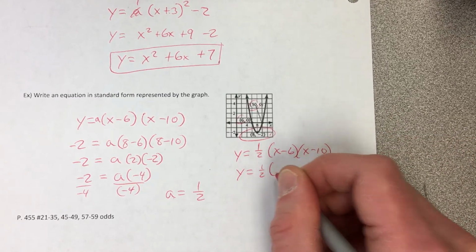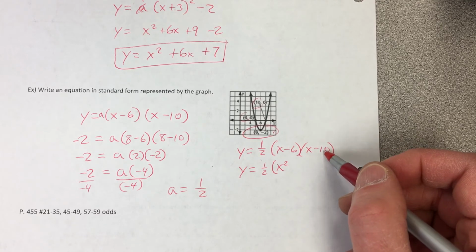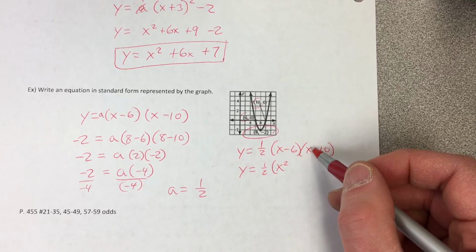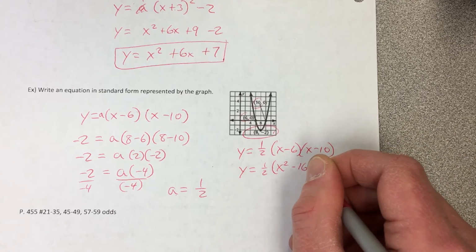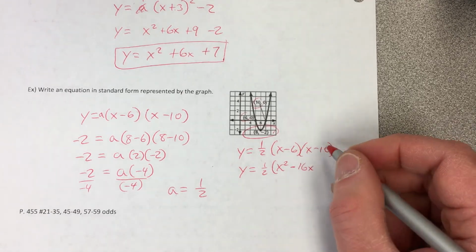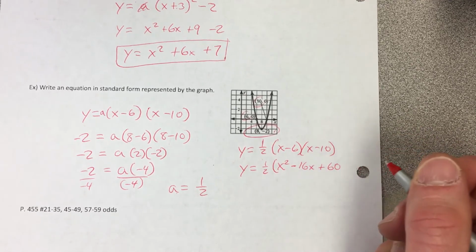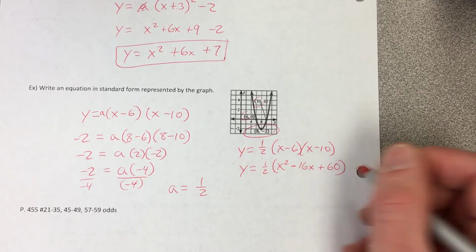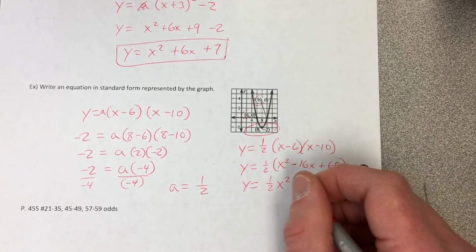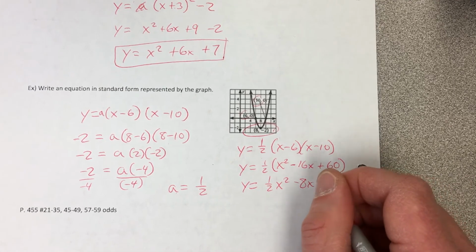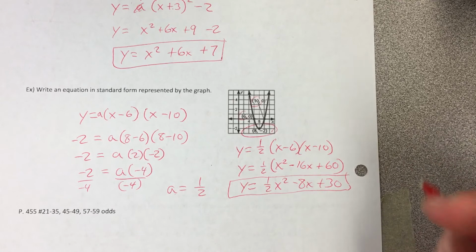So I'll do 1/2 and then x squared, and then it'll be negative 10x, and then I'll multiply this and get negative 6x. Well, together that's negative 16x. And then negative 6 times negative 10 is positive 60. And distribute the 1/2, and I get 1/2 x squared minus 8x plus 30. That's a standard form right there.